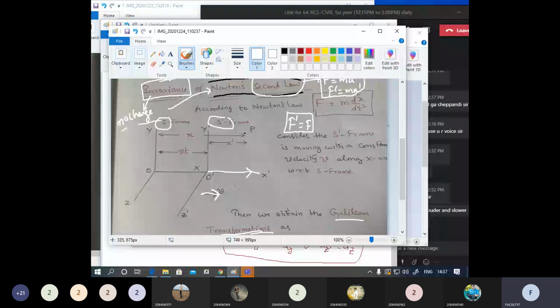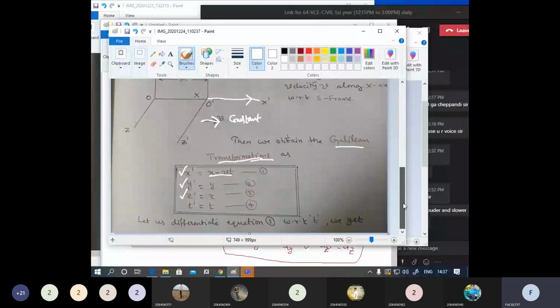This is a constant velocity; if it is moving at 2 kilometers per hour, that will remain constant throughout the observation. The same point we repeated with only a one-dimensional change, so you get x prime equals a change here. The remaining factors will be equal.